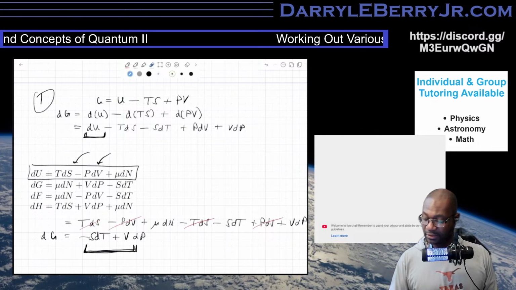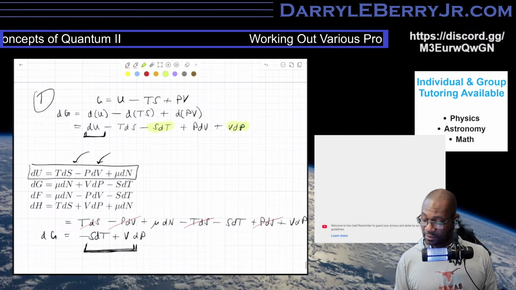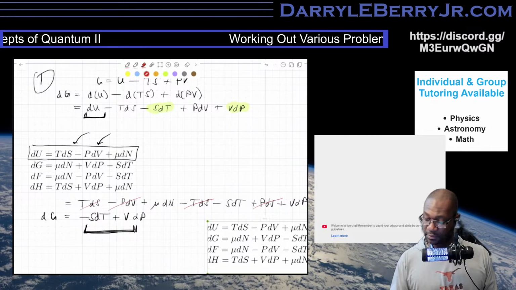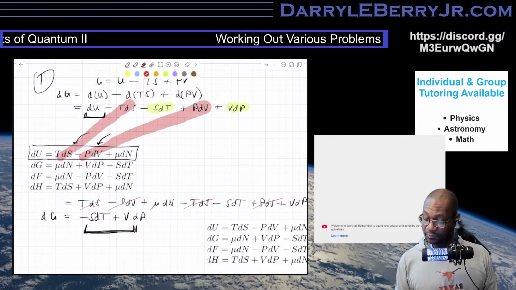So we want to isolate this and this. So we choose something that will cancel out the other things. This means we have to swap this in for that.